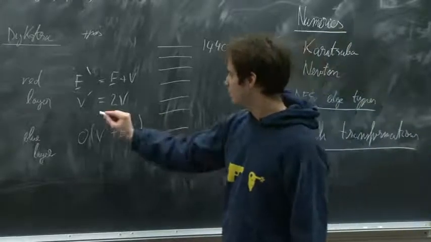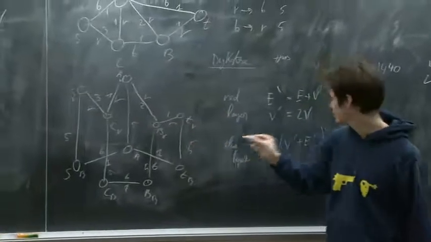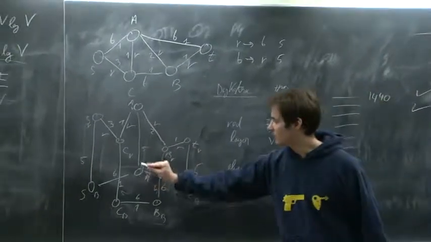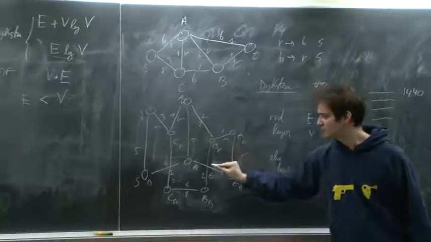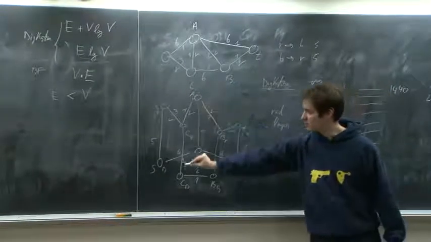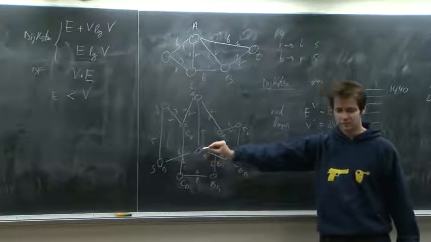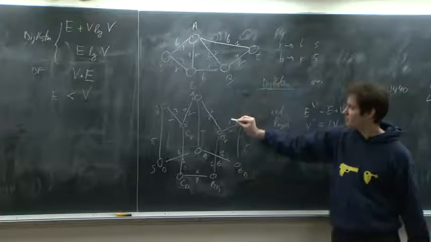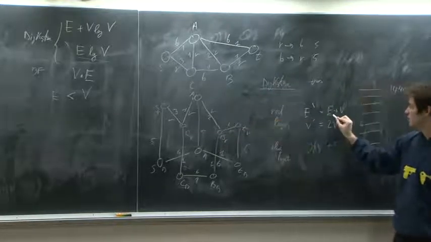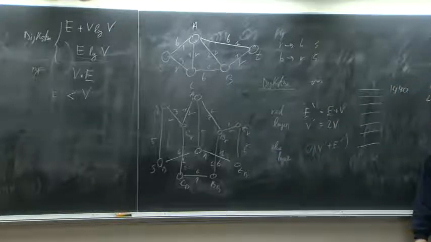For each vertex, you're going to create a red copy and a blue copy. Right. 2v. This is easy. Now, the red edges stay in here. The blue edges stay in here. So nothing changed so far. But each red vertex needs to be connected to the blue vertex by an edge of weight 5. So that means that we're going to copy over the original edges, and we're going to add v edges that connect the vertices to each other.